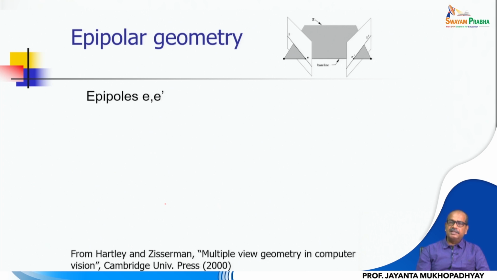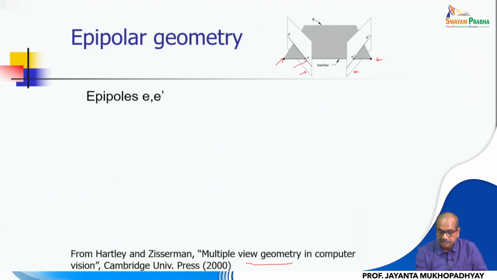So if we once again summarize this epipolar geometry, as we can see in this particular diagram, which is taken from the book Multiple View Geometry in Computer Vision, these are the two image planes, and these are the centers.